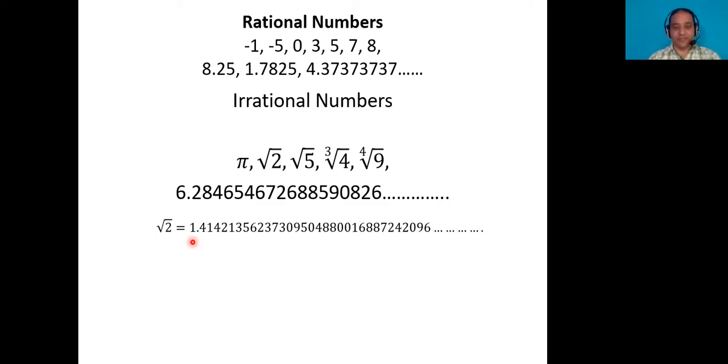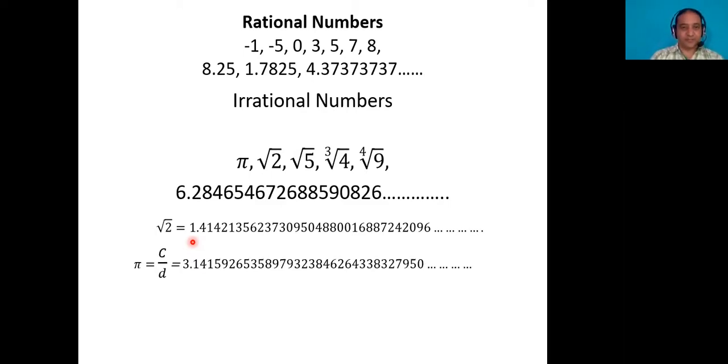Now let us see pi. Do you know what pi is? Pi is the circumference of a circle divided by the diameter, right?